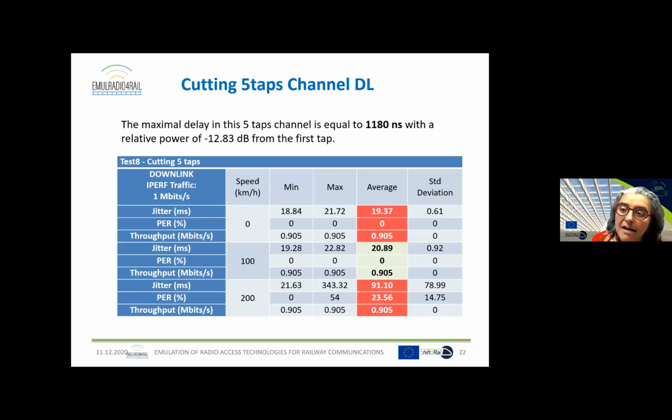So we can now have the result with the cutting 5 taps. The main difference is in terms of maximal delay. Juan has explained that this delay affects the performance a lot, and also the relative power of this last tap compared to the first one.